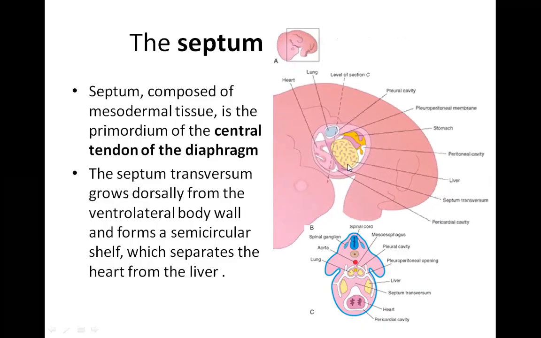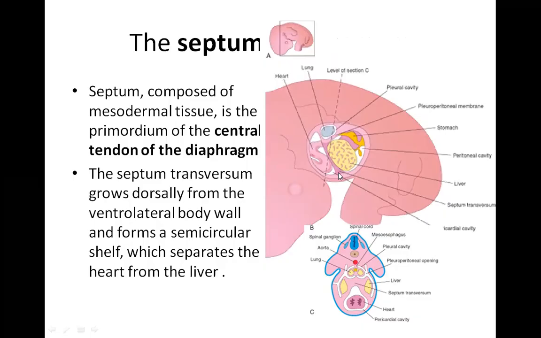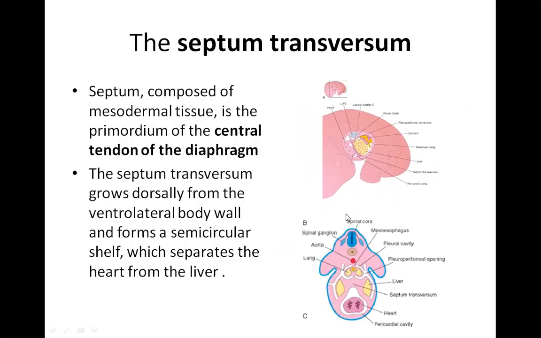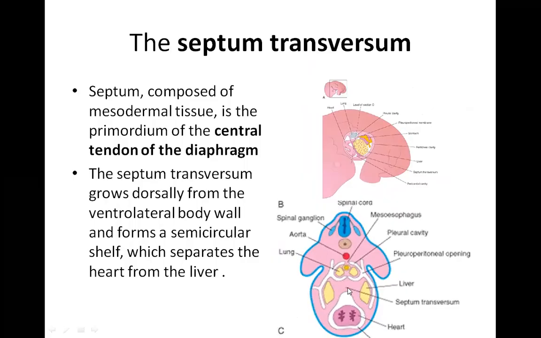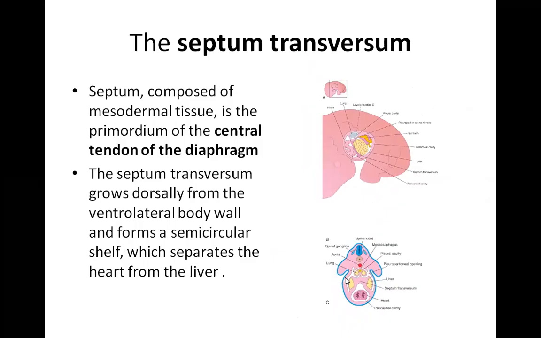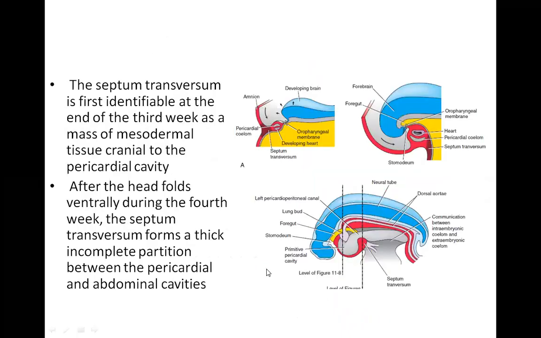So over here you can see this one is the ventral part of the body. The septum transversum is going towards the dorsal body wall. So it has become shelf-like, and it has separated the developing heart from the liver. The septum transversum is first identifiable in the third week of intrauterine life as a mass of mesodermal tissue lying cranial to the primitive pericardial cavity.